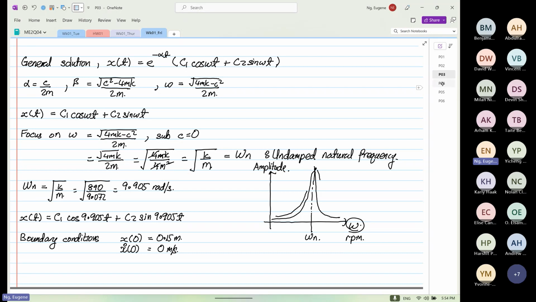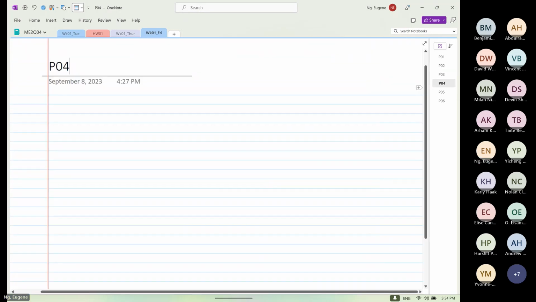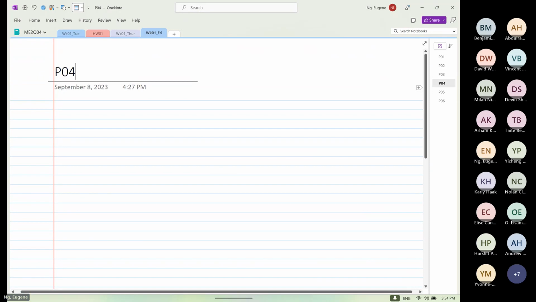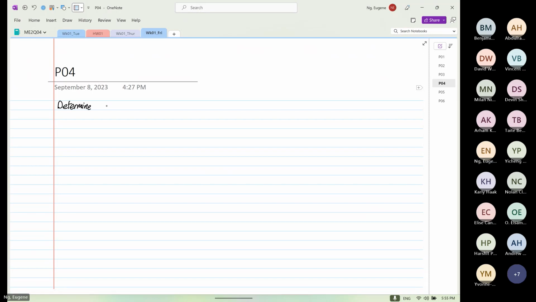So from here, we can determine C1 and C2. You substitute x of 0 equal to 0.15 into the expression over here.